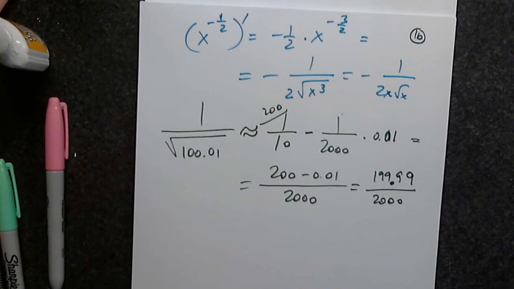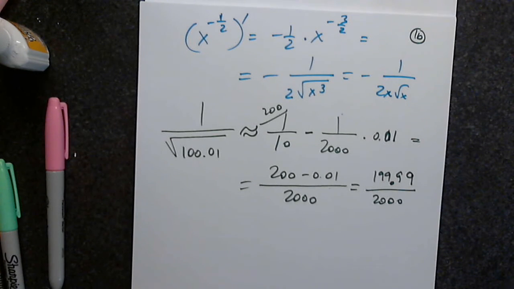So we want to be sure, of course, and we go to 1 over the square root, blah, blah, blah. For me it is 100.01 raised to, in parentheses, -0.5.